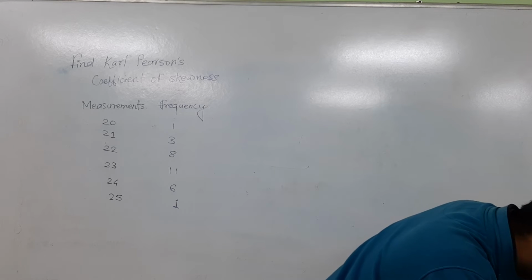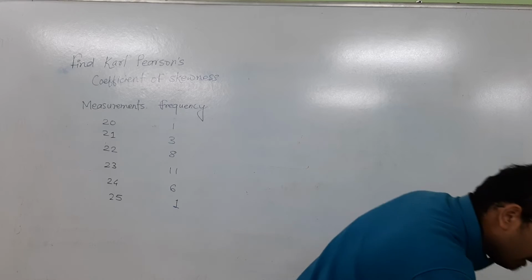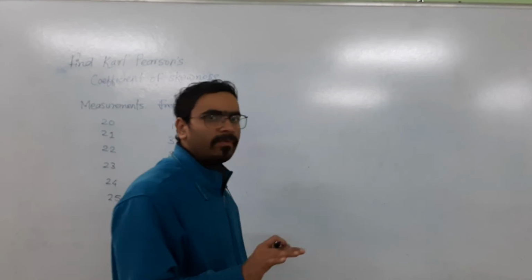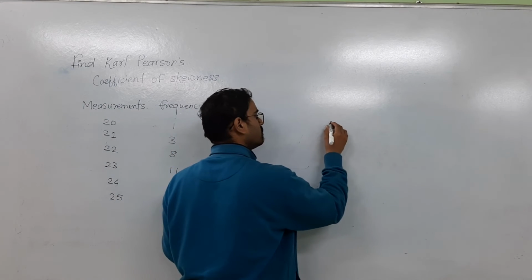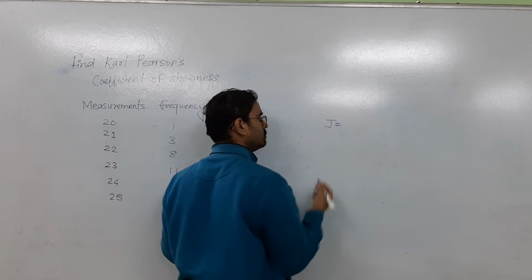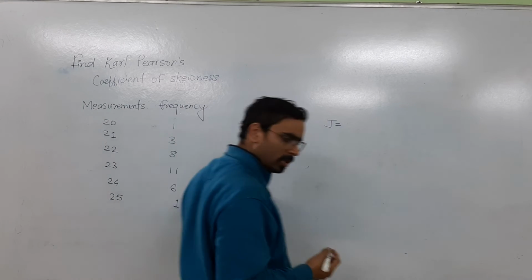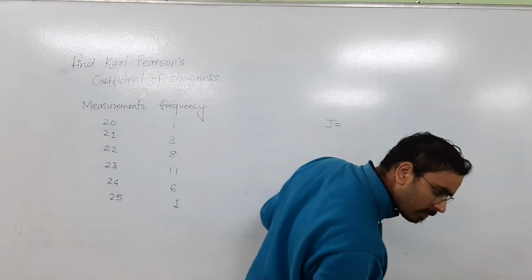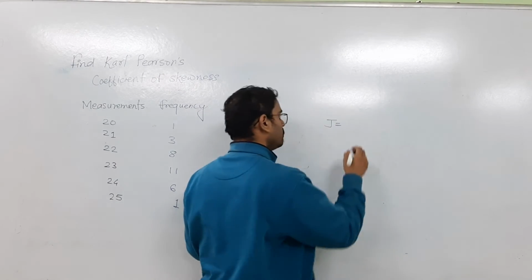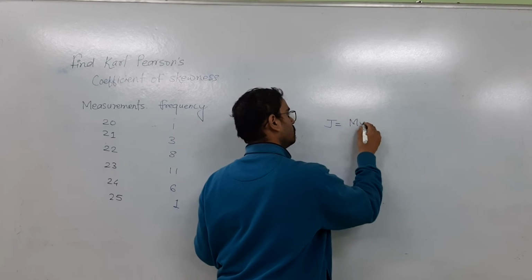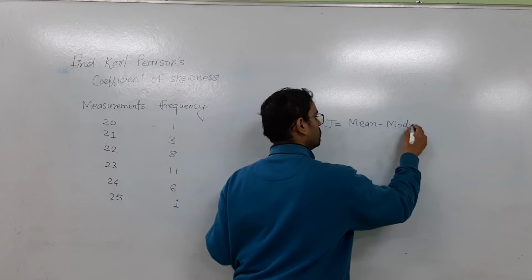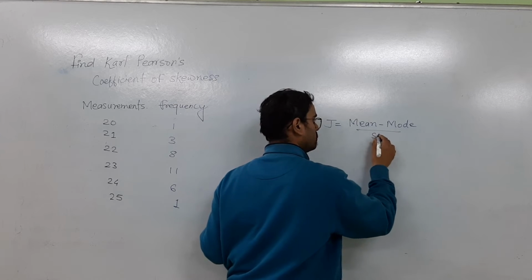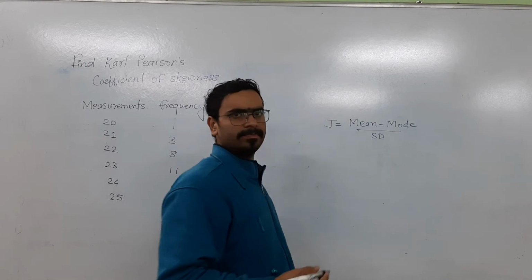Find the coefficient of skewness. So you always have to go for the relative formula. So what is the relative formula? Sk is equal to mean minus mode, divided by standard deviation. That is the formula.